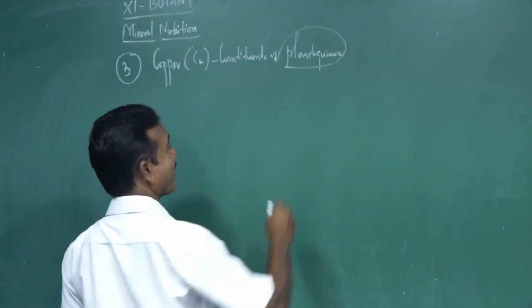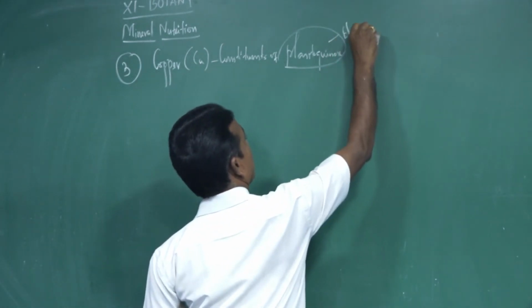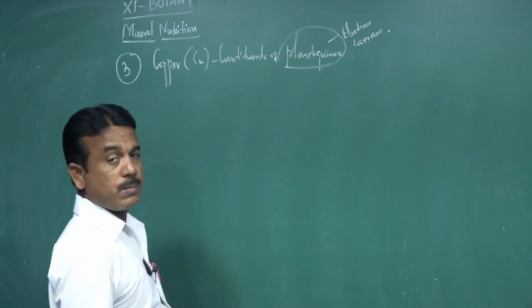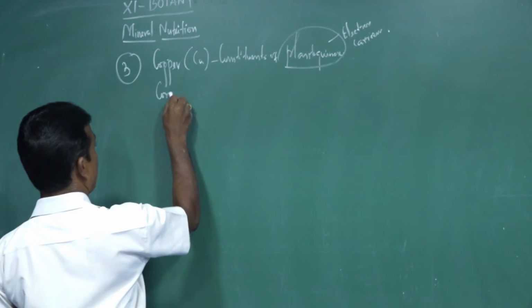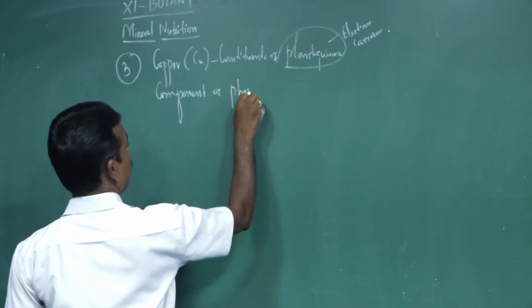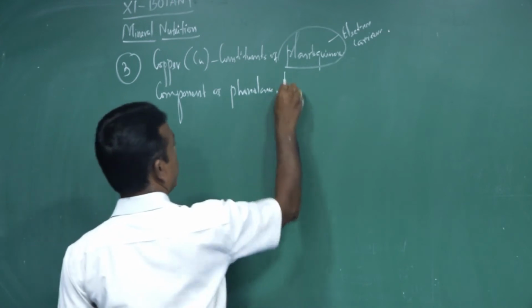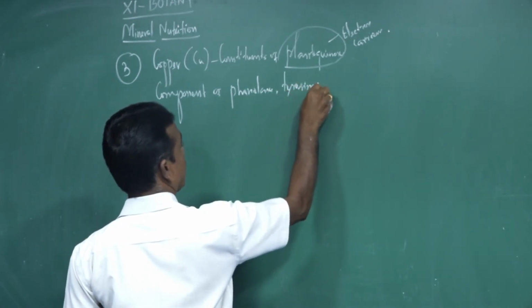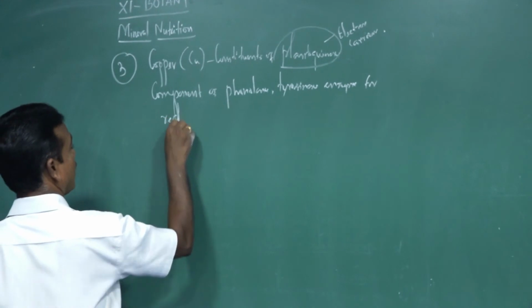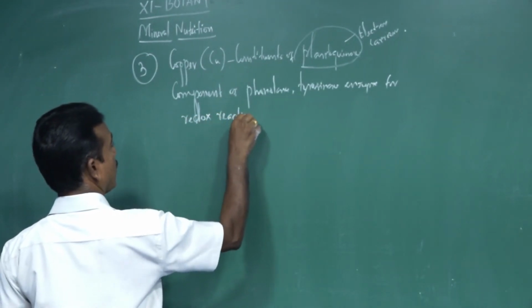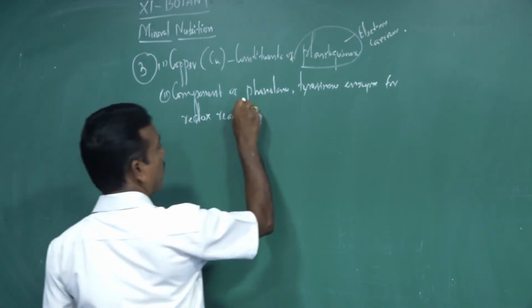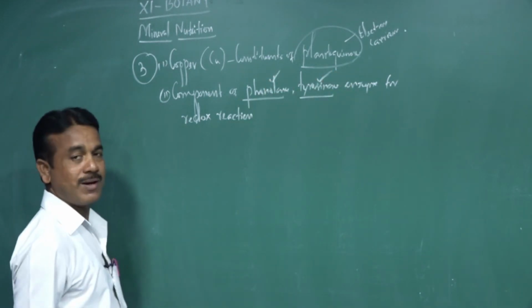Plastoquinone is a kind of electron carrier. Copper is the component of phenolase and tyrosinase enzymes for redox reactions.